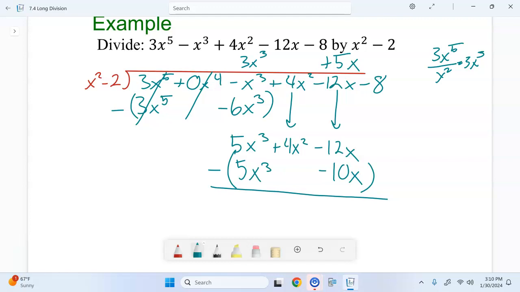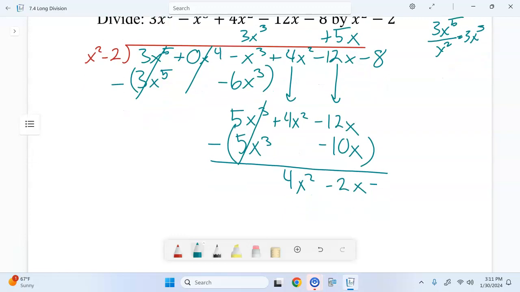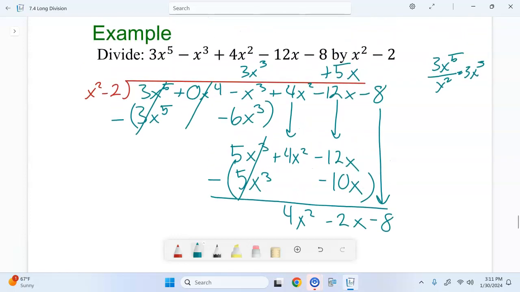5x to the 3rd minus 5x to the 3rd cancels. 4x squared minus nothing is 4x squared. Negative 12 minus negative 10 is negative 2x. Then we continue one more time. We bring down the negative 8 and divide. We get plus 4.